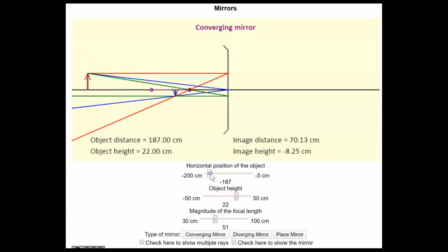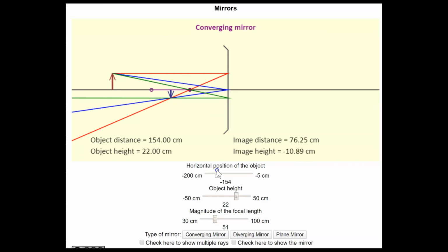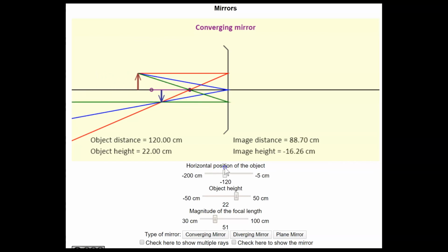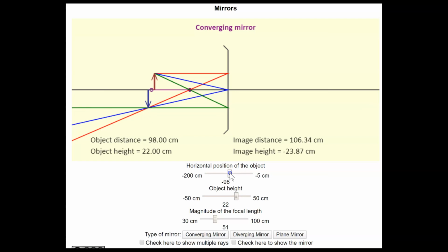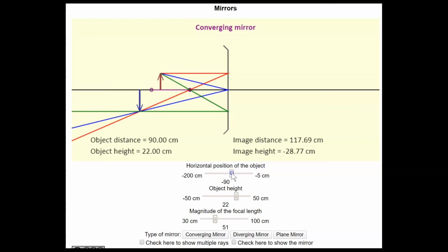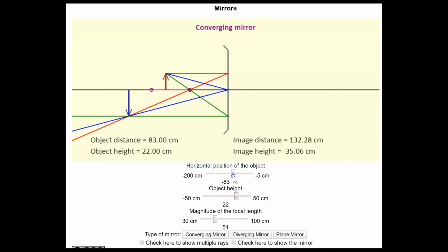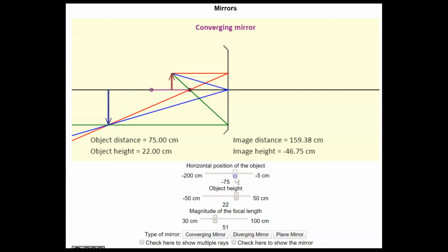So as I move the object towards the mirror, you could see that the image is slowly moving out, and when I get to 2F, or about, you see that they're roughly the same height. And then as it continues to go inwards inside of F and 2F, you could see that the image is larger here compared to the object. So as it continues to go out, it then goes towards infinity.